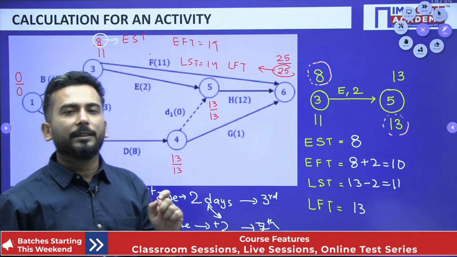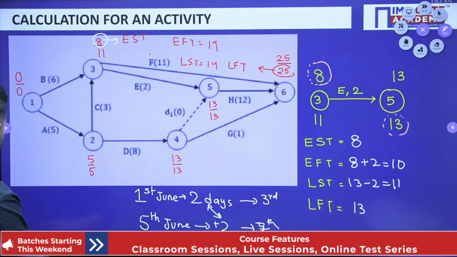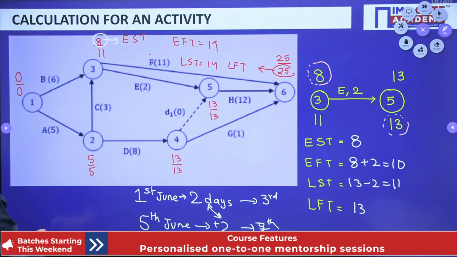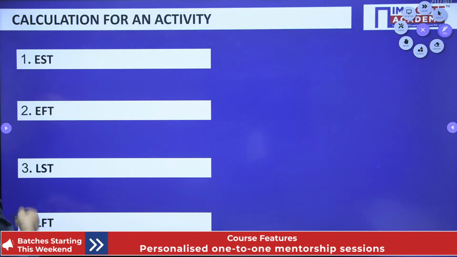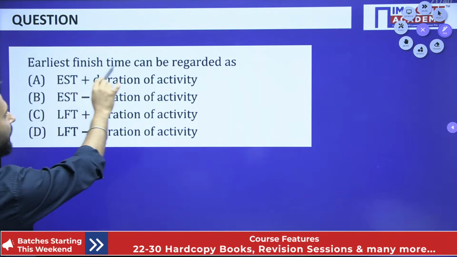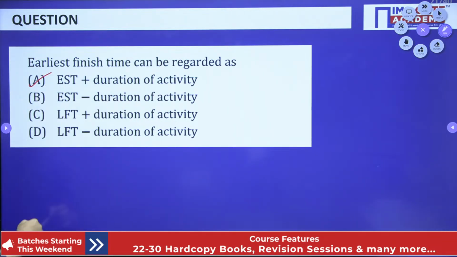And now, my dear friends, let me do the final calculation. So EST done, EFT, LST, LFT, this is also done. Earliest finish time can be regarded as EST plus duration, this is done.